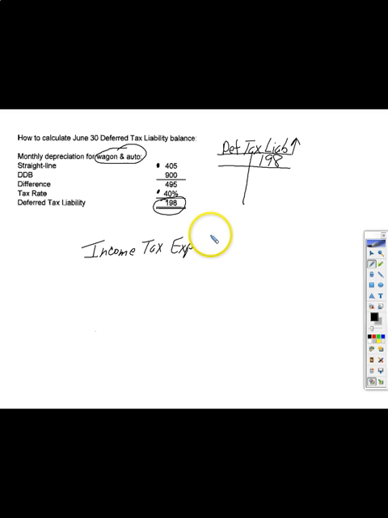For June, it happens to be $4,000. What we've been doing is crediting that to income tax payable. However, now we're going to see not only that's a related account, but there's also another related account to income tax expense, and that's this deferred tax liability account.